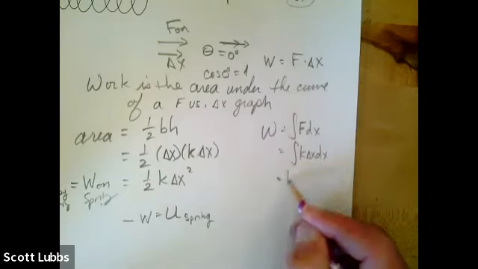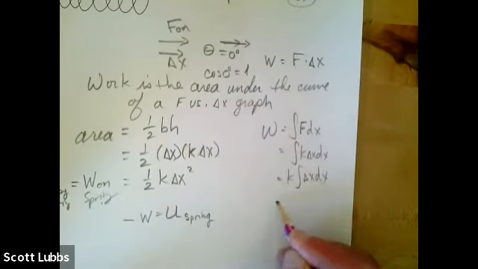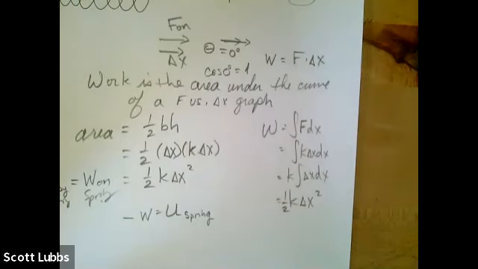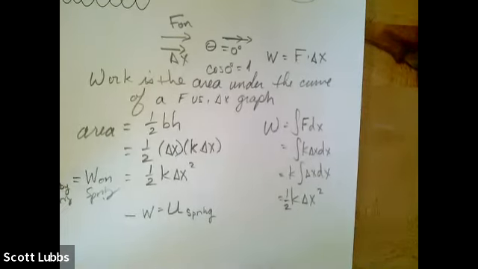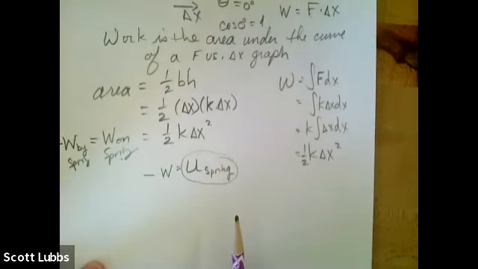This turns into k, the integral of delta x dx, which is 1/2 k delta x squared, plus your constant, that's your initial work that's on there. All right. So now I have a new potential energy.